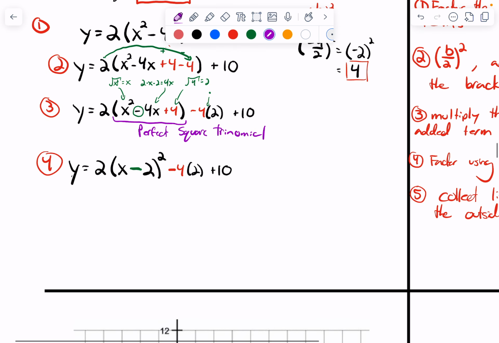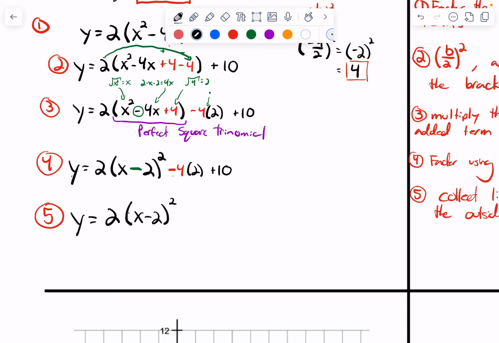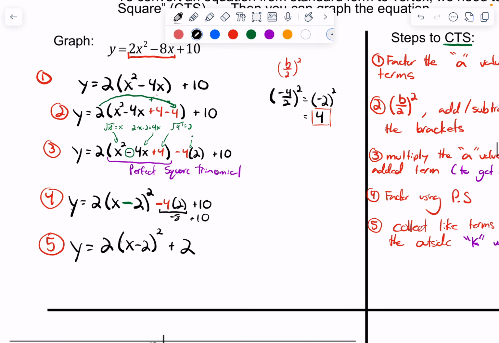So, step 5, y equals 2 times x minus 2 squared. Well, this right here, negative 4 times 2 is minus 8, plus 10, that becomes plus 2. So notice now you have it in vertex form.